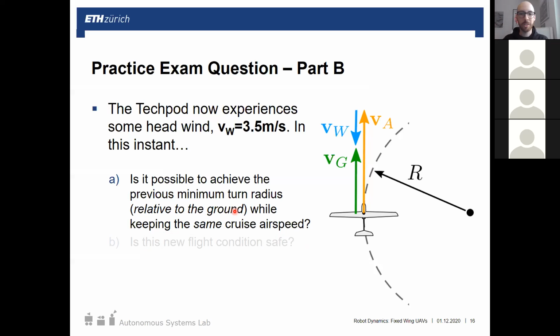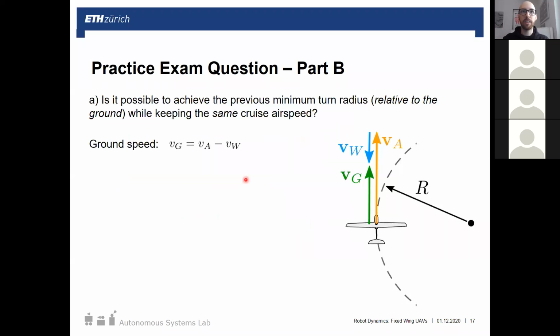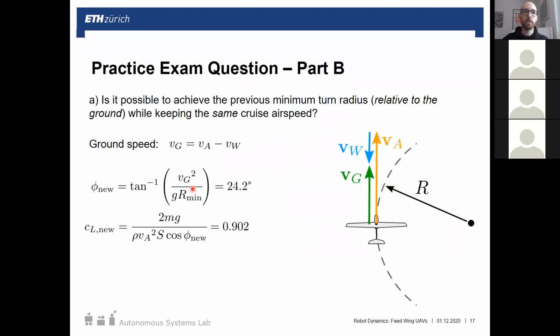This isn't normally very useful in flight practically, but if we wanted to do it, you would still use airspeed in the equation here for the roll. So whether you use airspeed or ground speed in this roll equation or the other ones depends on whether you're talking about a radius relative to the ground or a radius relative to the air mass.